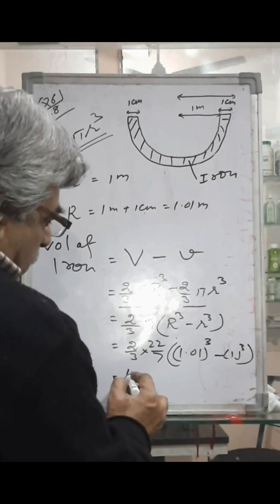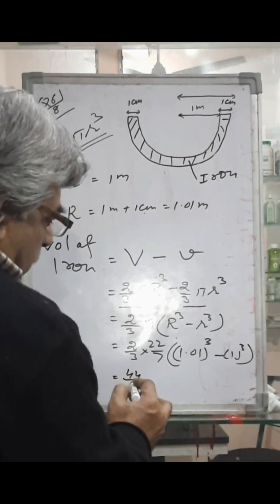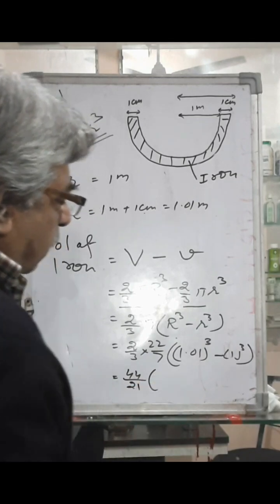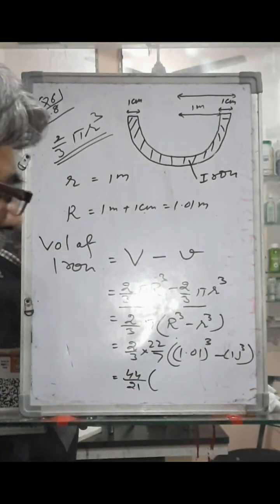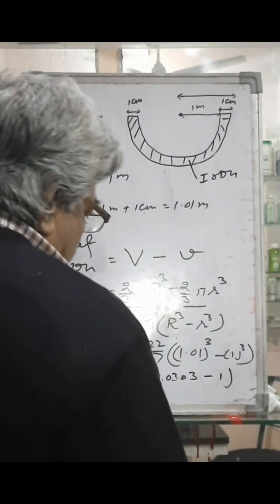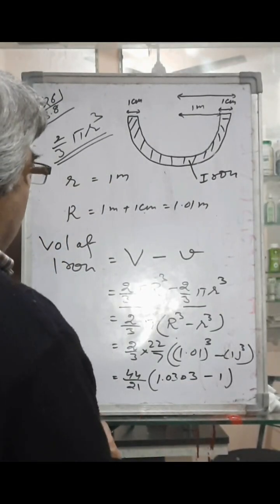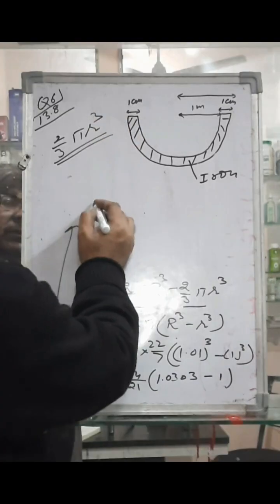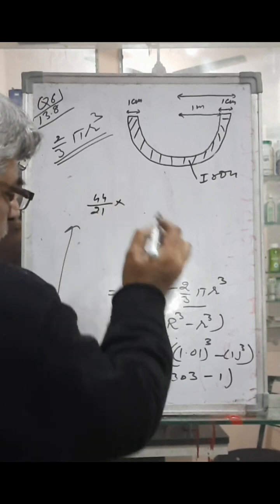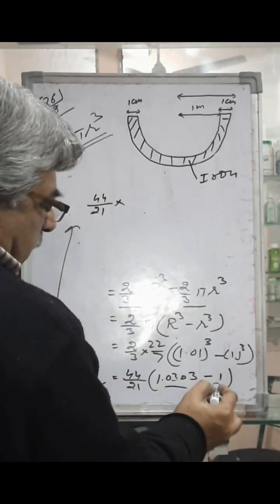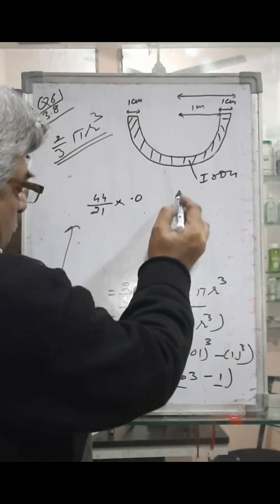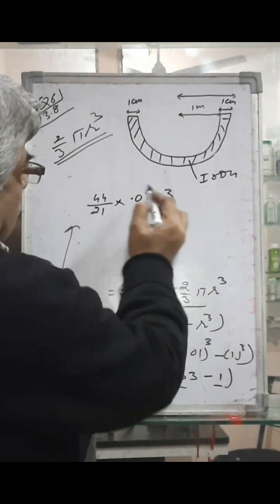So, 44 by 21 into the cube of 1.01 minus 1, multiply the difference of these two quantities, 0.0303.